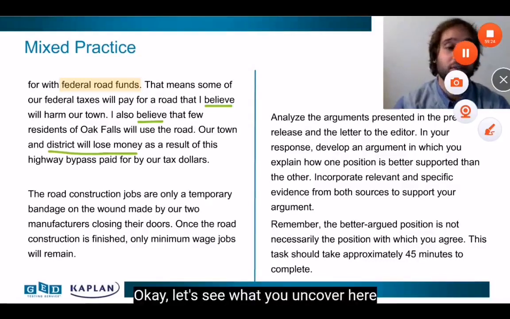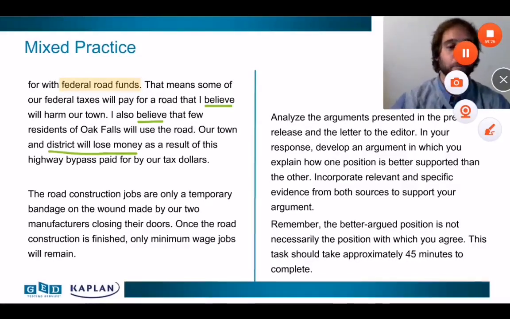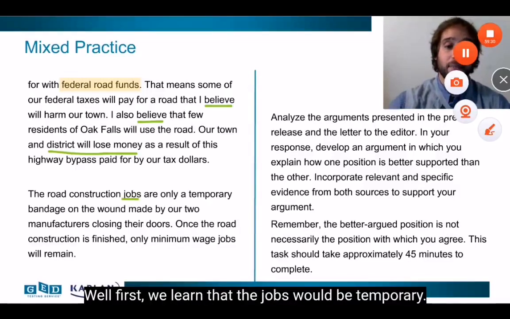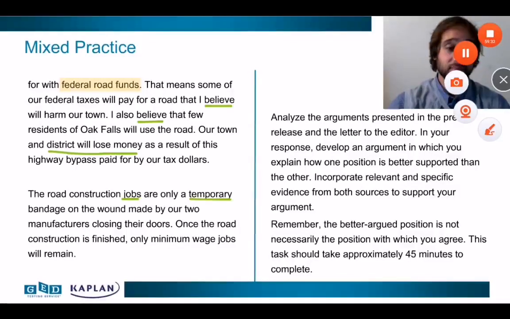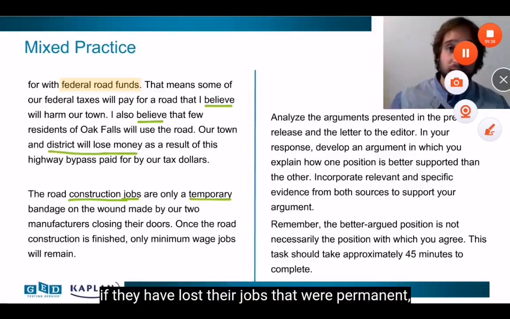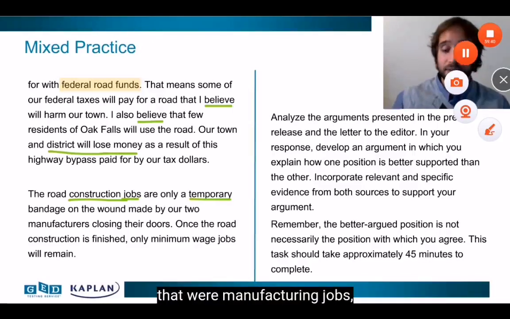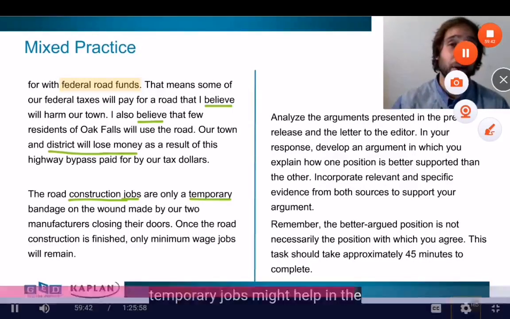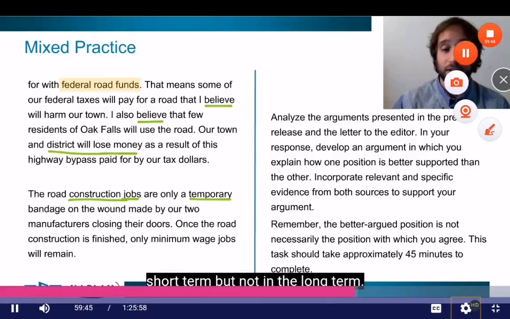Okay, let's see what you uncovered here in this next paragraph on the slide. Well, first we learned that the jobs would be temporary. The construction jobs in particular. Now, if they have lost their jobs that were permanent, that were manufacturing jobs, temporary jobs might help in the short term, but not in the long term.